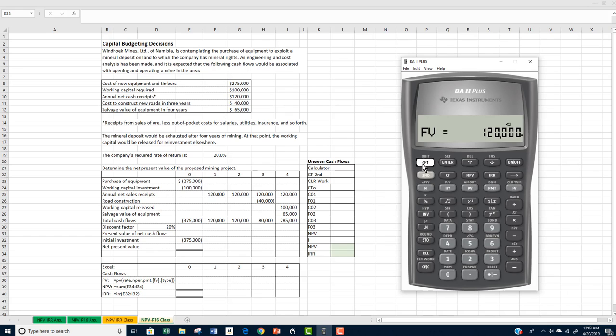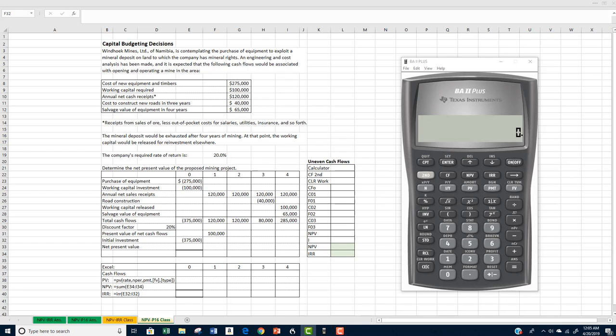Press the CPT button, press PV, and the display will read $100,000. $100,000 is the present value of $120,000 to be received 1 year from now, discounted at 20%.